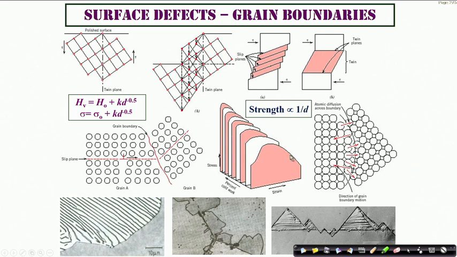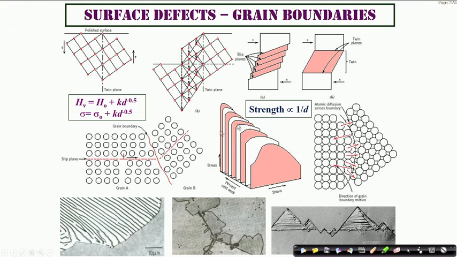2 dimensional defects. These 2 dimensional defects arise because, when we talk of crystals, or for that matter, if you simply join 2 solids, irrespective of whether they are crystalline or non-crystalline, at the interface or the boundary, you certainly will see certain disruption of continuity.